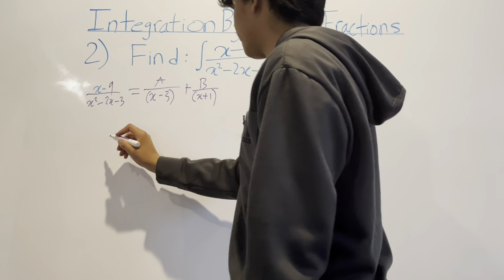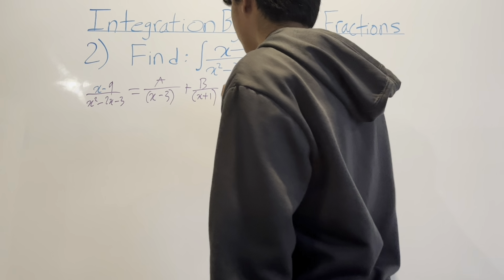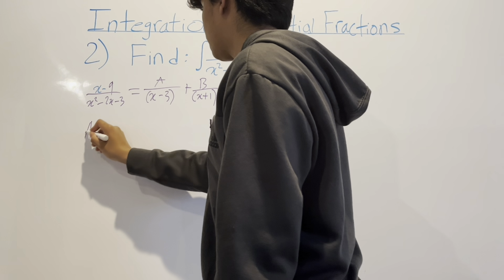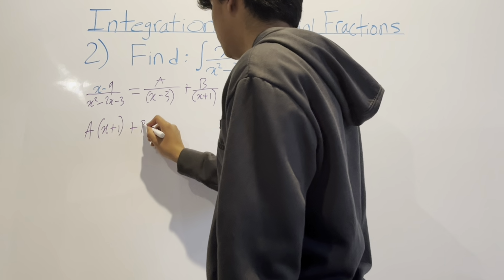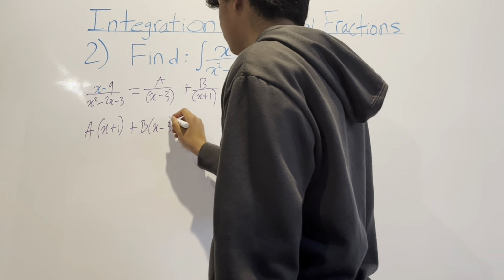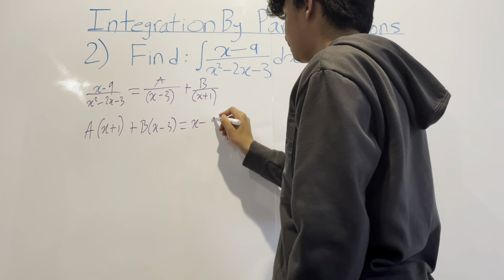Now we can say A times (x plus 1) plus B times (x minus 3) is equal to the numerator of the original function, which is x minus 9.